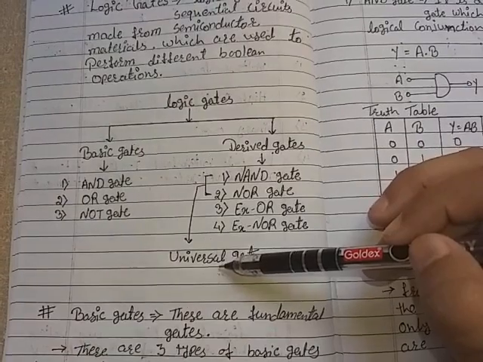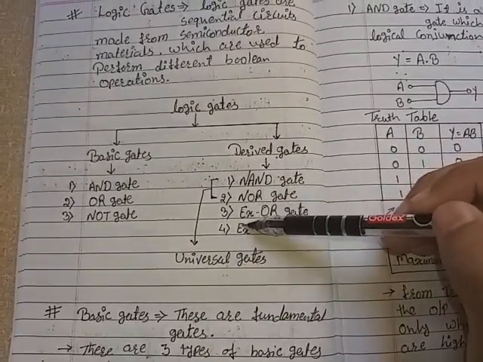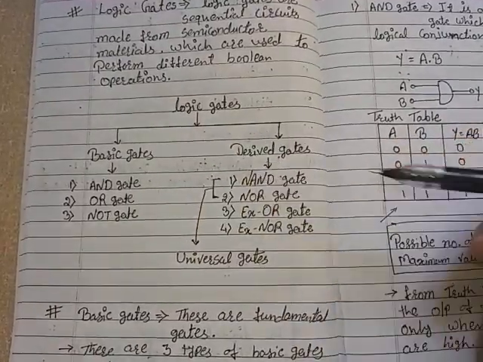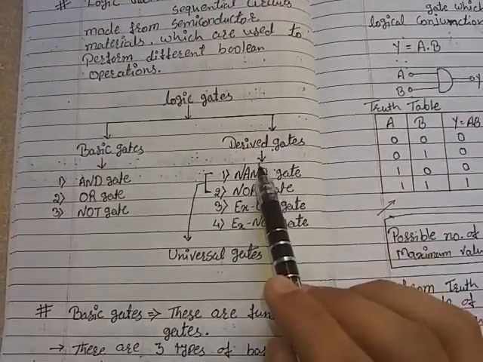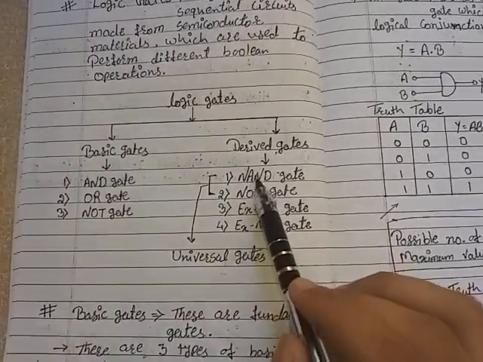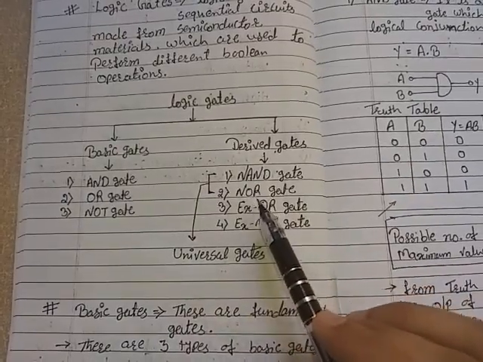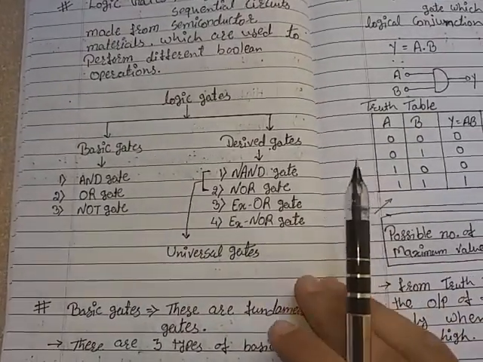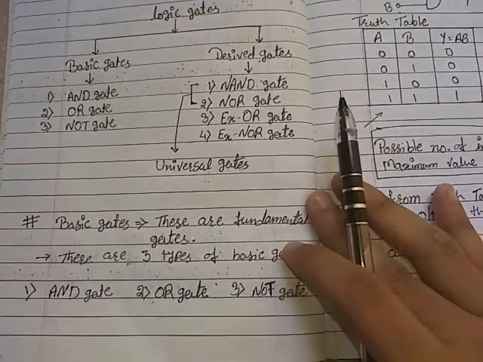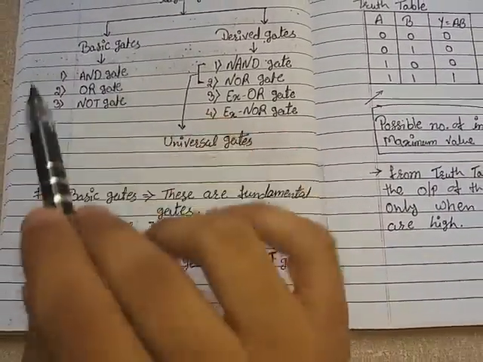Universal gates are the type of gates by using which we can derive any of the gates. That means by using NAND gate only we can make AND gate, OR gate, NOT gate, NOR gate, XOR gate and XNOR gate. That we will see in future. So let's start with basic gates.